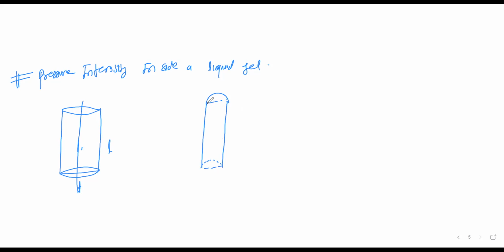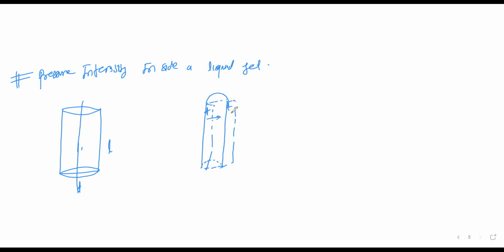If you cut it here, you'll get it like that. And the thickness, I'm assuming, is T.